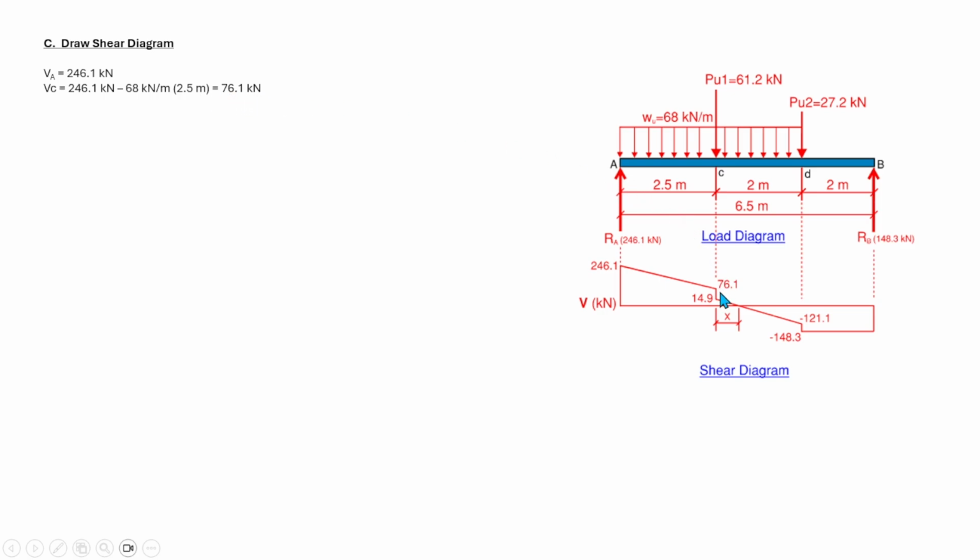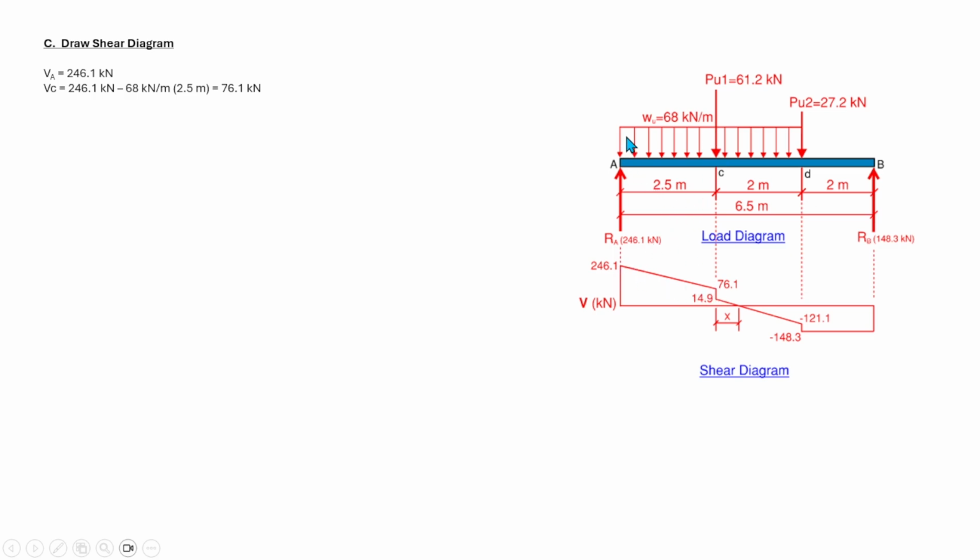That is the shear just to the left of point C. Between A and C, the only load that we have is the 68 kilonewton per meter uniformly distributed load, so in the shear diagram it is linear.